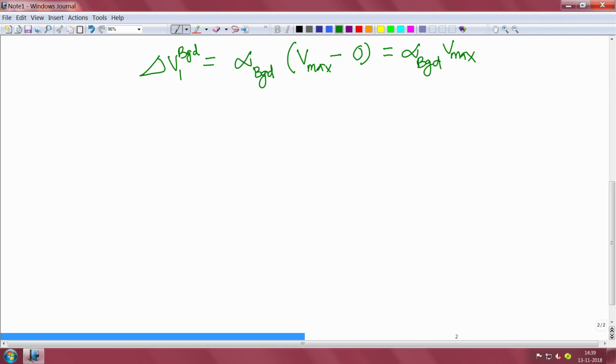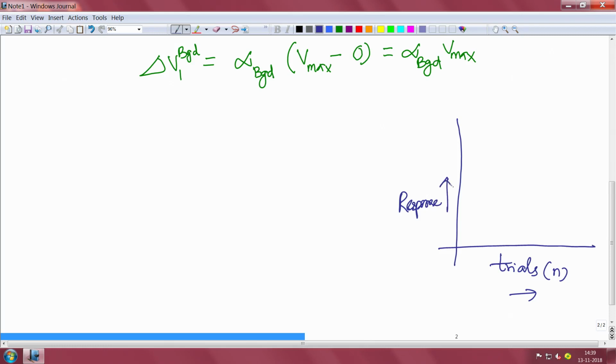In such a case, you would see that one can plot what happens to the response. If you look at the behavioral response as a function of trials, if you plot the behavioral response of the animal, and I am going to stick to 2 different colors here.